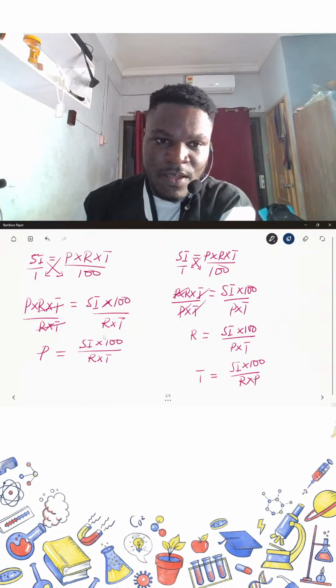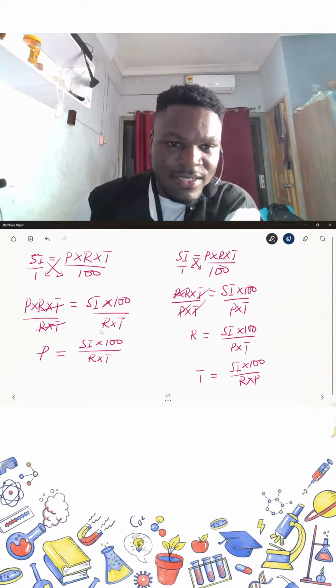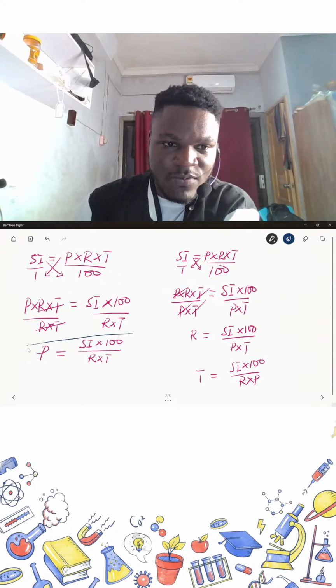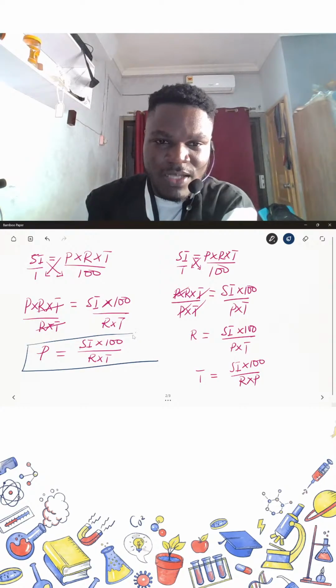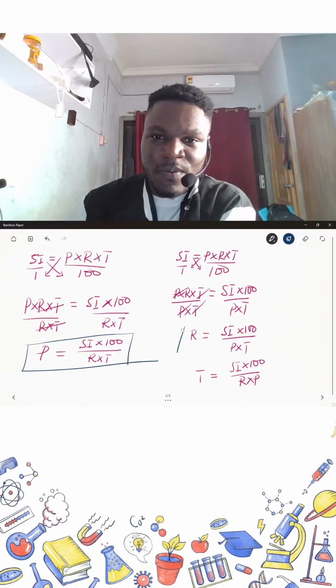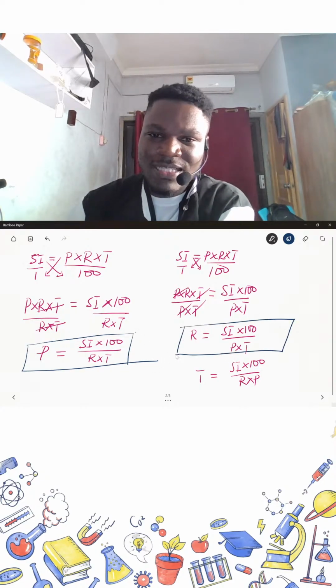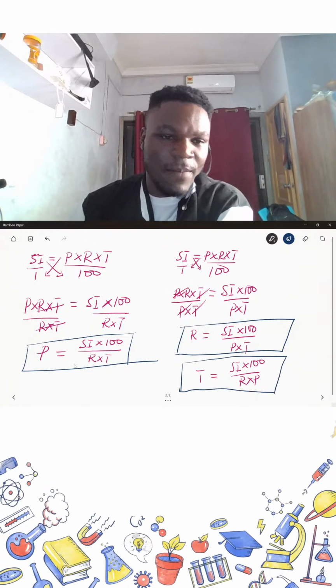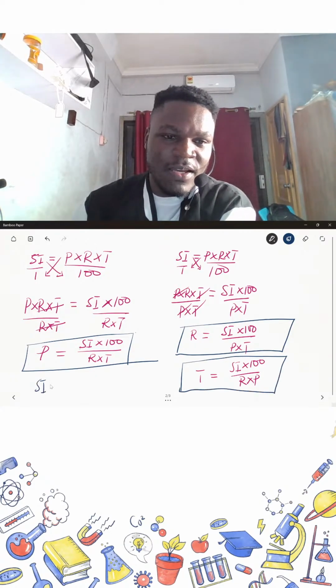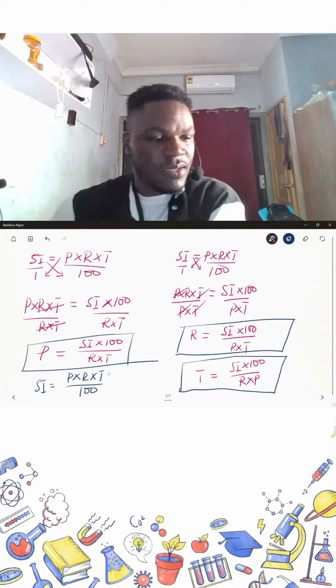It's very easy. So from the formula itself, we can now deduce this formula for calculating the principal. We can use this for calculating the rate, and then we can use this for calculating the time. All this is from the actual formula: principal times rate times time all over 100. Are we okay?